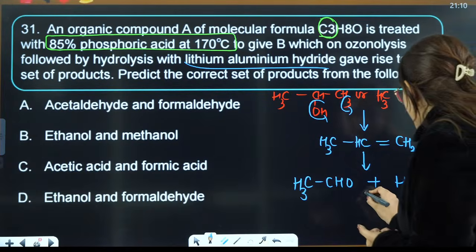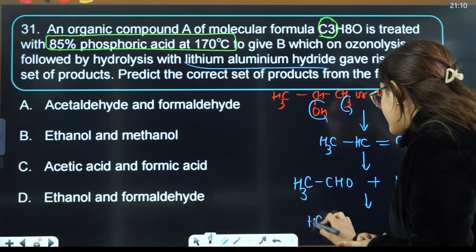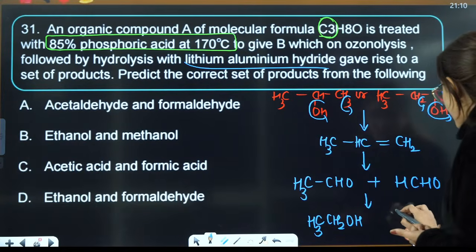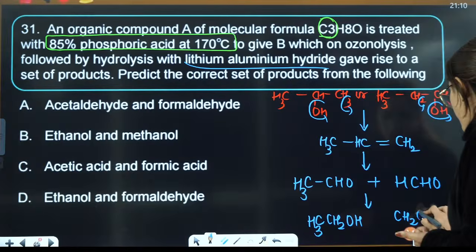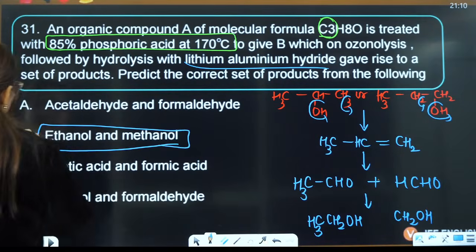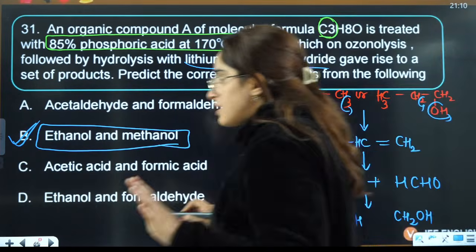That means it will be reduced to alcohol, that is CH3CH2OH, and this will give you CH3OH. So methanol and ethanol will be formed. So B is the correct answer here. Okay, understood?